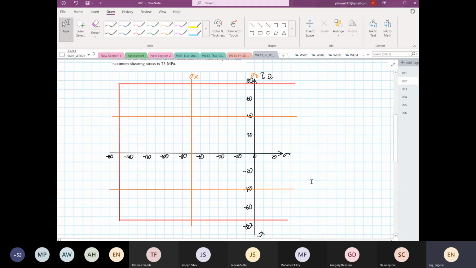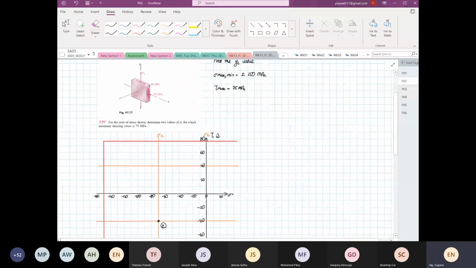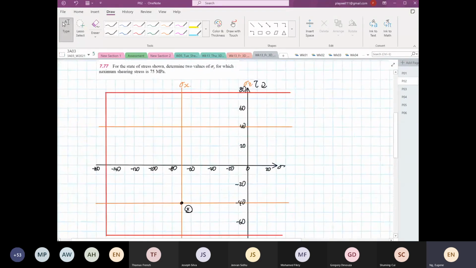We already know the same thing, that this is our point X, our point Y, and we know that this is our point Z. Over here, we also know that this is our point Z.